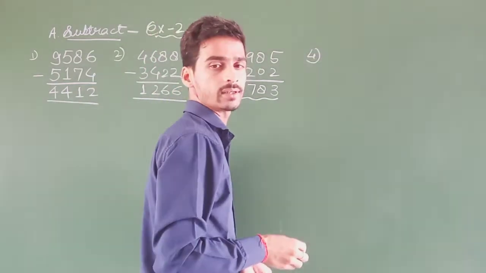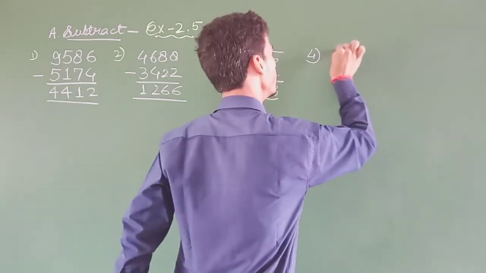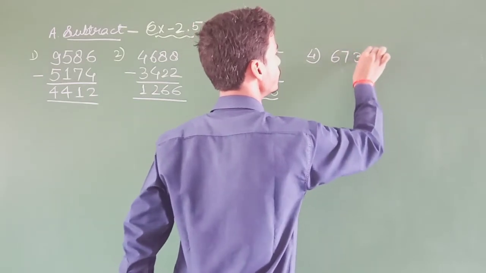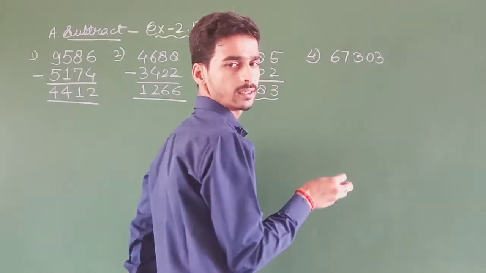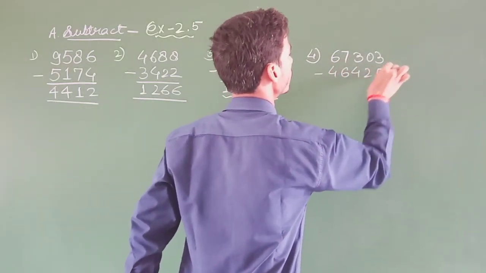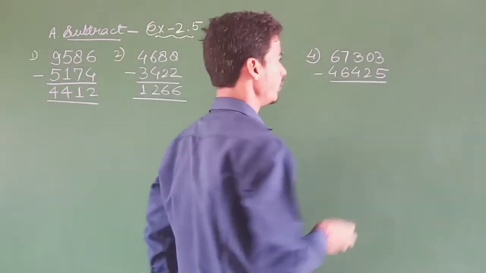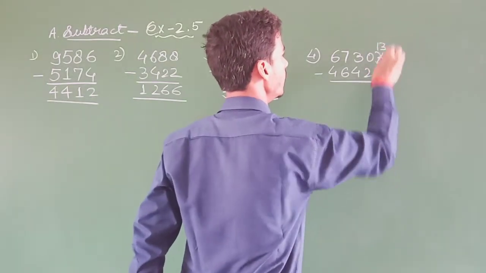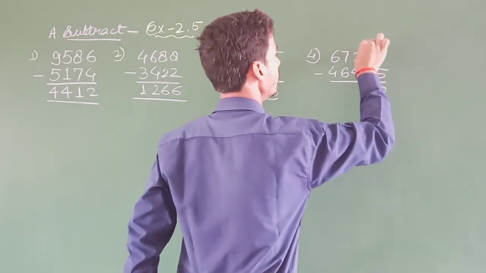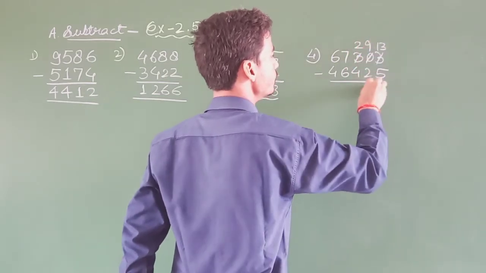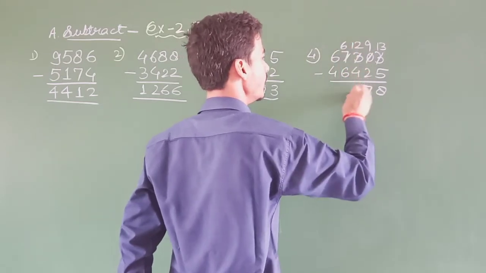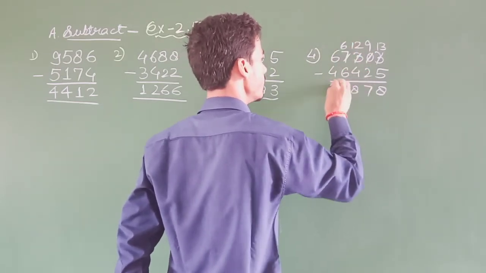Question number 4 is 67,303 minus 46,425. 14 minus 5 is 9, and here will be 2. 9 minus 2 is 7, 12 minus 4 is 8, 6 minus 6 is 0, 6 minus 4 is 2.